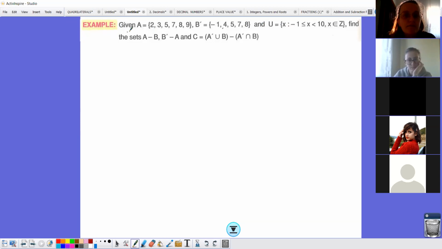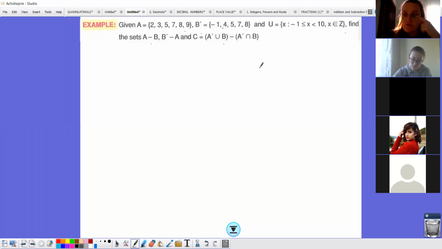Now here we have one example. Given the sets A, B prime, and the universal set is given. It says find the sets A difference B, B prime difference A, and C, which is equal to A prime union B minus A prime intersection B. Now I will give you some minutes to try to solve, to find some of them.